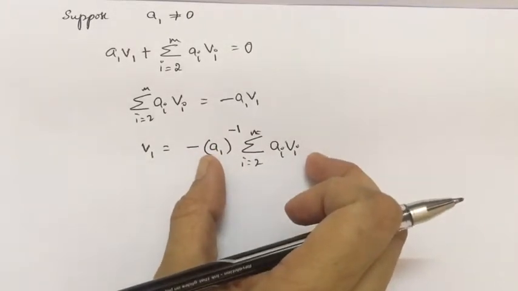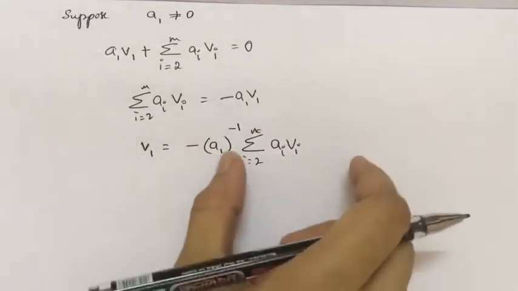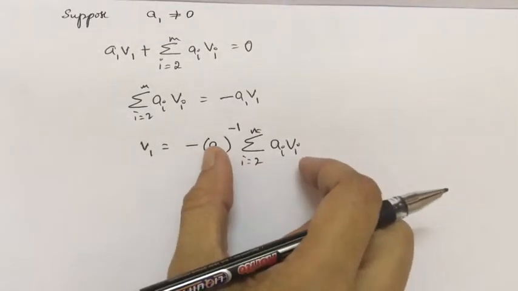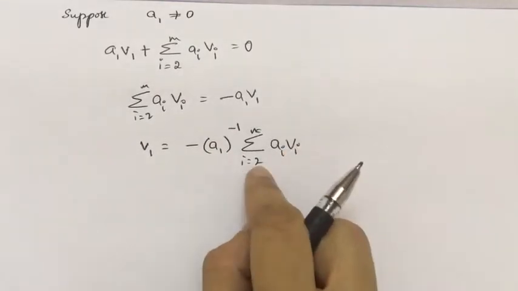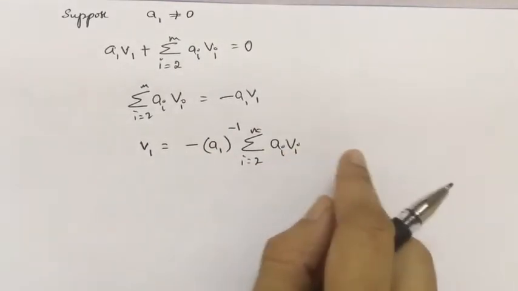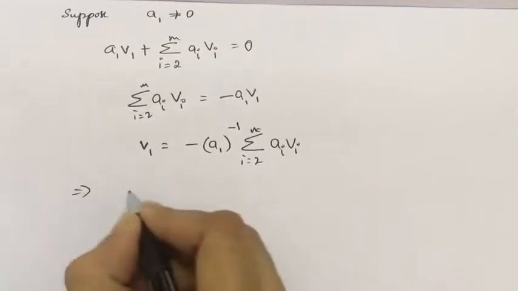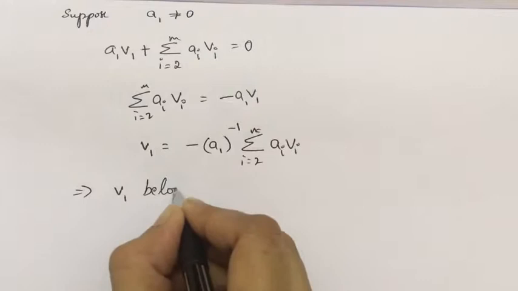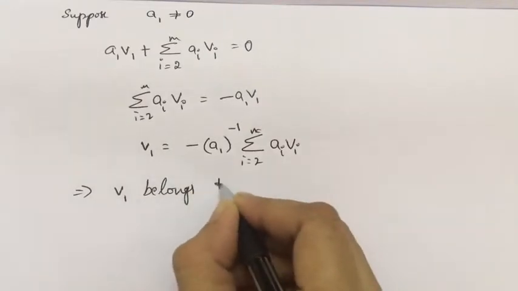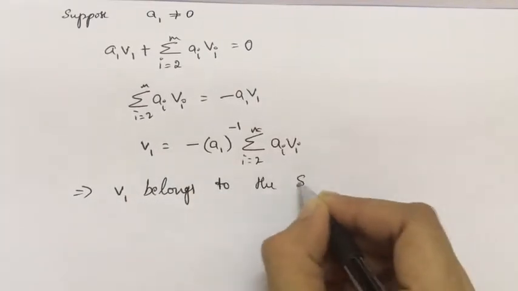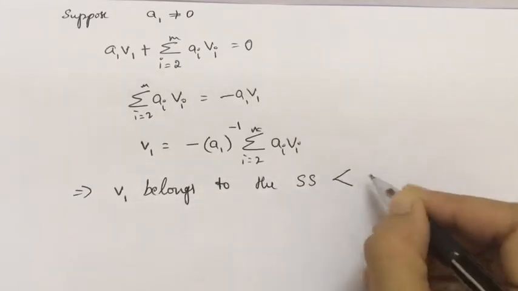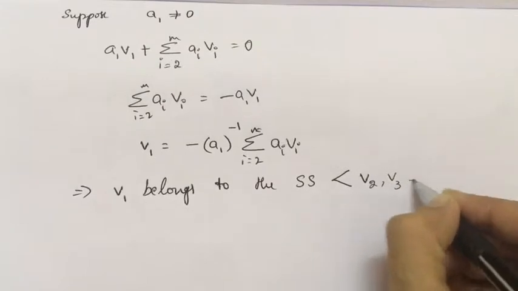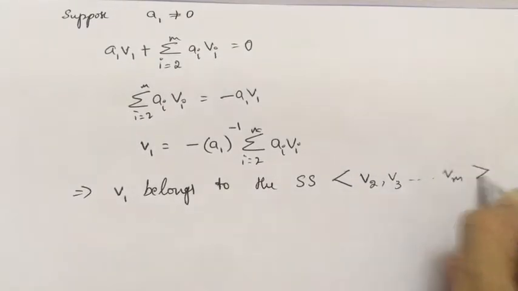vectors, then what does it imply? It implies that v1 belongs to the subspace formed by the vectors v2 to vn. This implies that this vector v1 belongs to the subspace generated by the vectors v2, v3, like that, vm.